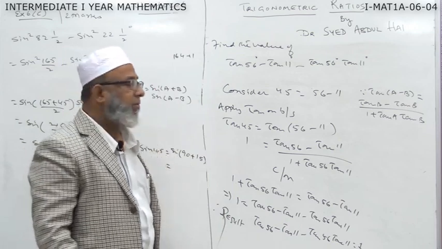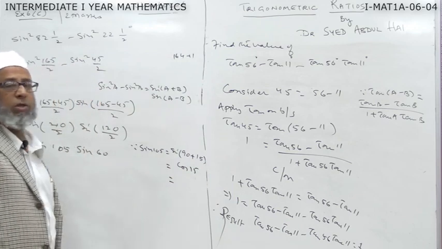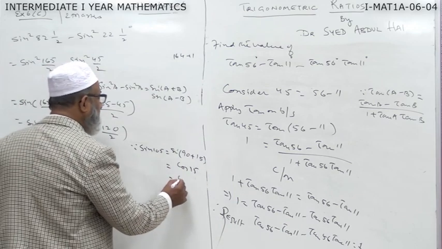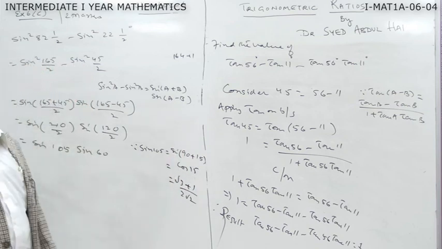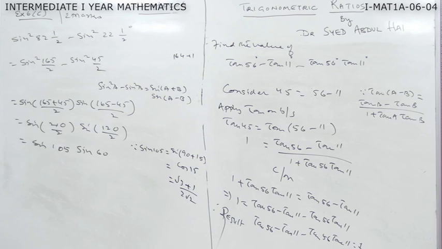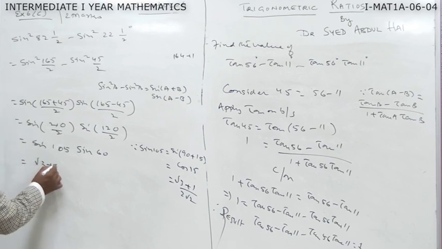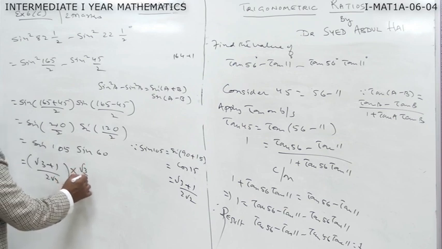Second quadrant. Sin becomes cos. Cos 15. Cos 15 is nothing but root 3 plus 1 by 2 root 2. This is the value of cos 15. You have to remember, that is root 3 plus 1 by 2 root 2. Okay. Therefore, this is nothing but root 3 plus 1 by 2 root 2 into sin 60, root 3 by 2.